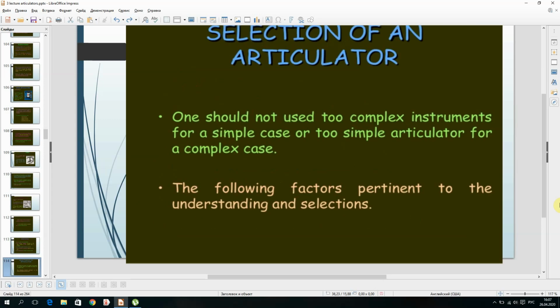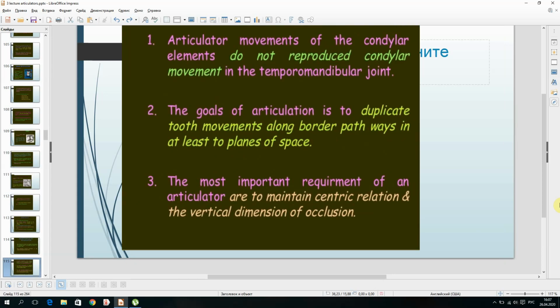Selection of an articulator. One shouldn't use too complex an instrument for a simple case or too simple an articulator for a complex case. The following factors pertain to the understanding and selection. Articulator movement of the condylar elements doesn't reproduce condylar movement in the temporomandibular joint.